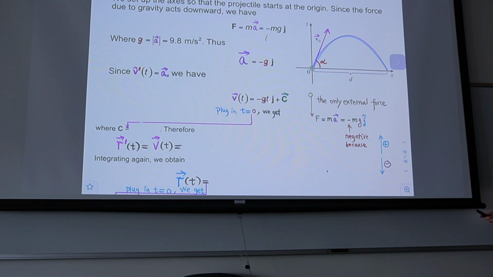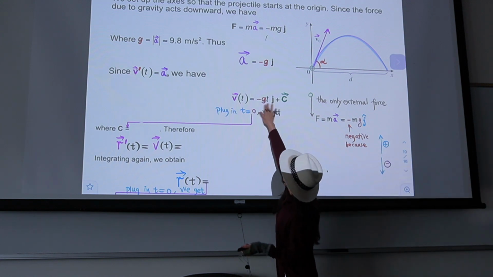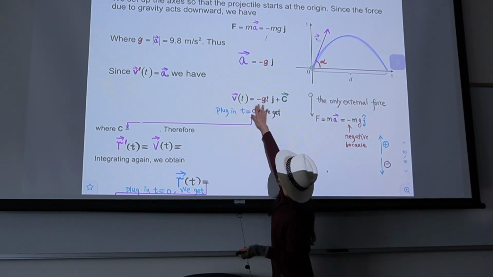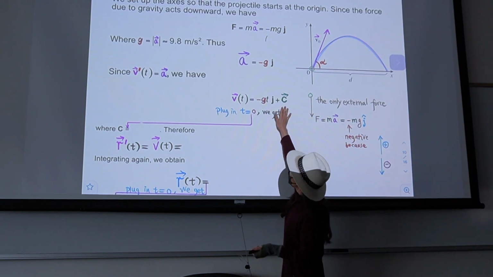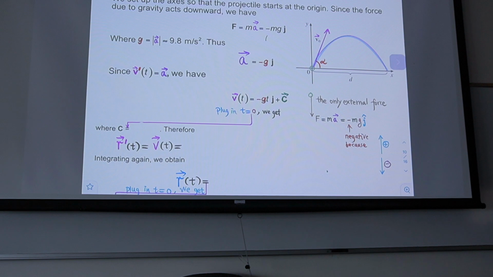Now if we plug in t equal to 0, we can figure out this constant vector C. What does C equal to? Plug in t equal to 0, this part here will be 0, so v0 equals C. So basically, the constant corresponds to the initial velocity.